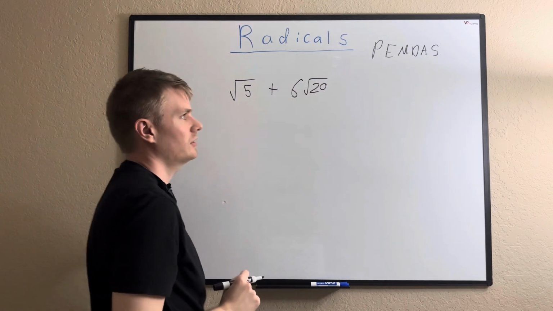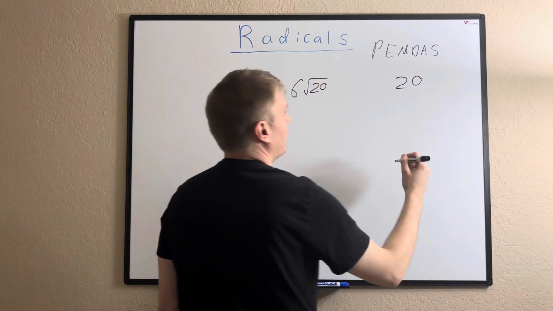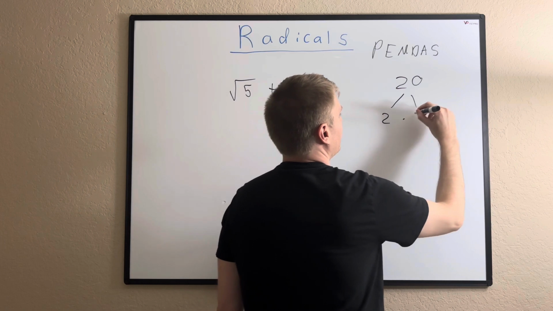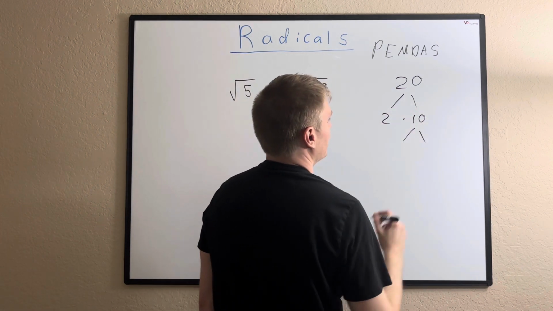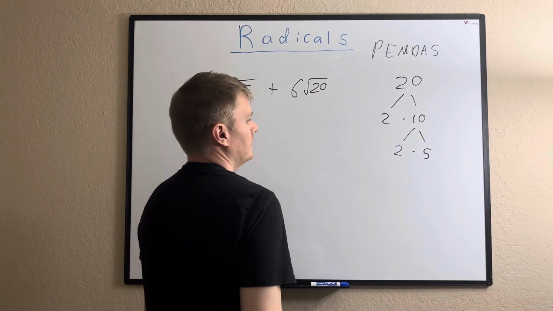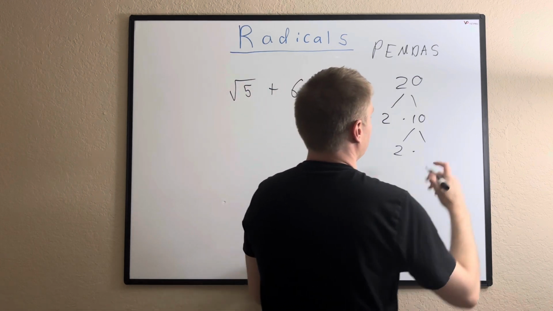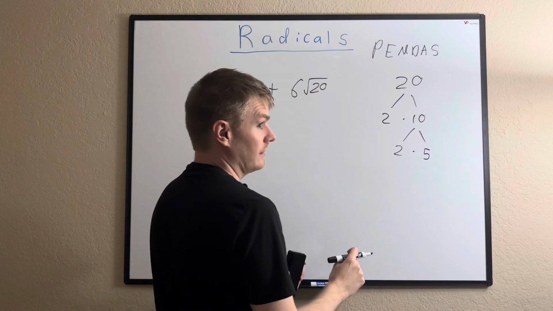So let's check out this one. We need to factor that radicand at 20. What multiplies to get 20? Well, there's 2 times 10. What else is there? There's 2 times 5. 5, we can't factor that anymore. And 2, we can't factor that anymore. But something multiplied by itself in there.